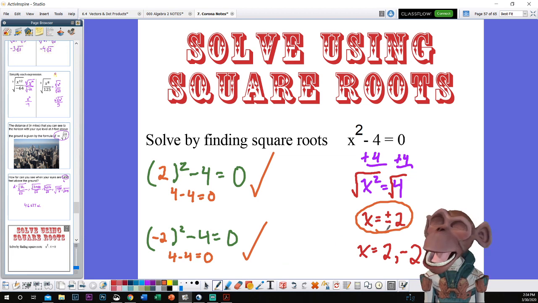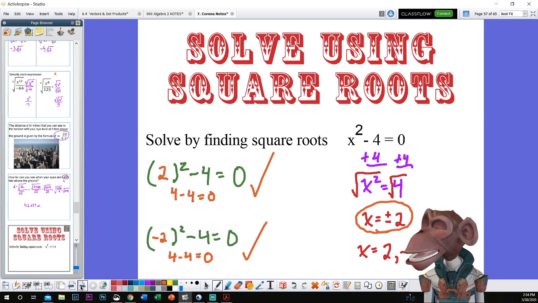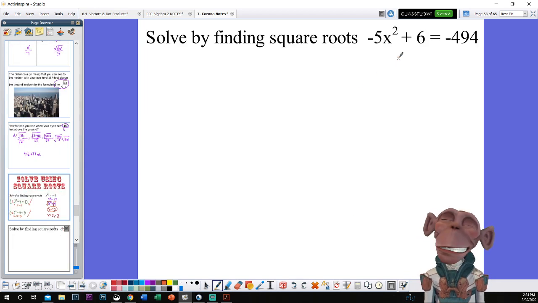This is a really important thing that people forget a lot. You'll be using this the whole unit, so please, please, please get in the habit of using the plus or minus. Alright, this one's a little bit trickier, but not too bad. You would know to do this minus 6 from both sides.